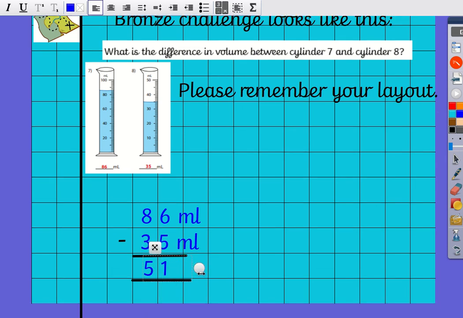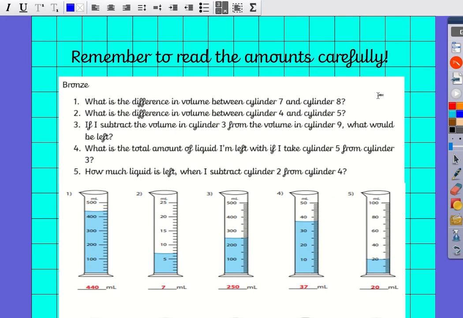But we need to remember the millilitres, don't we, because we are talking about volume today. So this is the sort of layout you need to remember and you need to focus on, okay my darlings? So here are your bronze questions. You've got your sheet. None of them need exchanging. I just want to see you using column subtraction confidently, identifying the correct capacity.